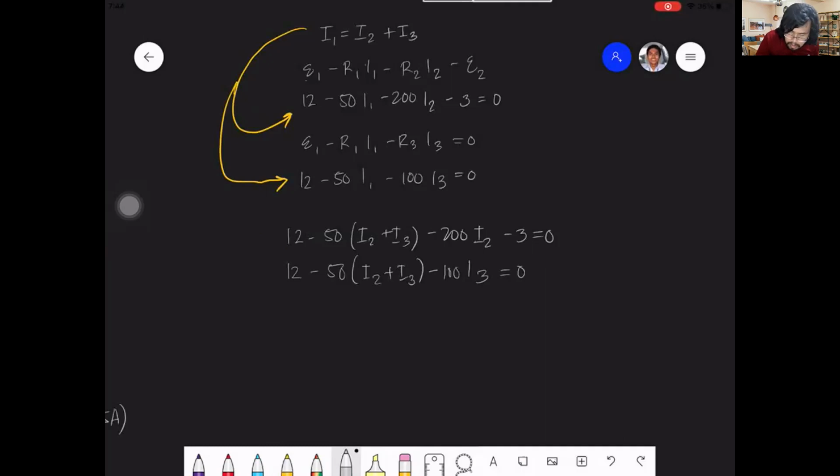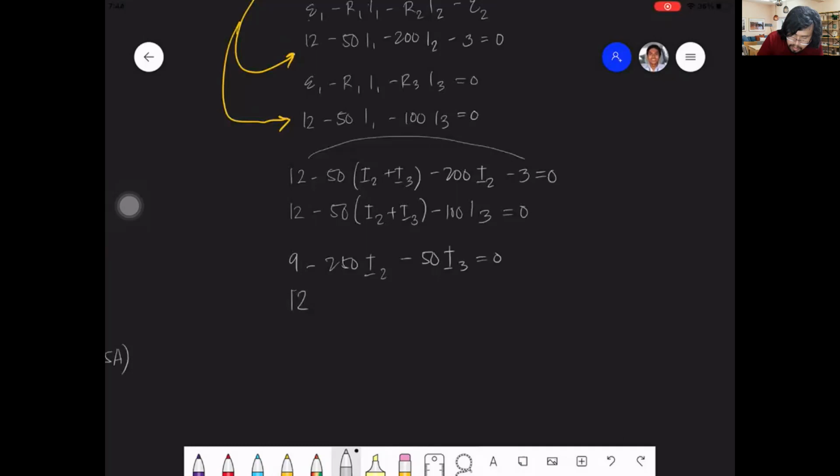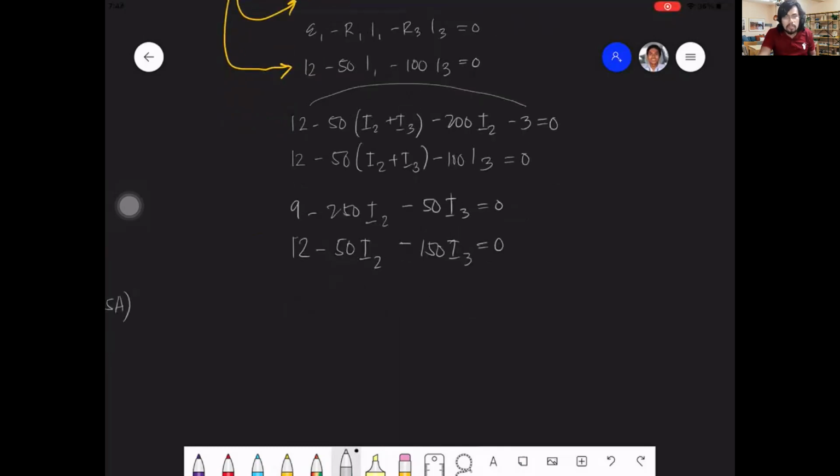Simplifying by terms, it becomes 9 minus 50 I2 plus 200 is going to be 250 I2, minus 50 I3 equals 0. The other is 12 minus 50 I2 minus 150 I3. We have two equations and two unknowns in I2 and I3.